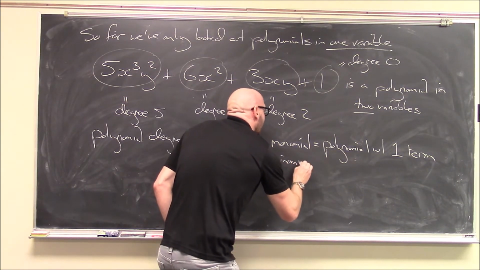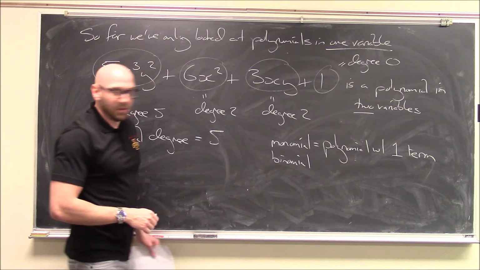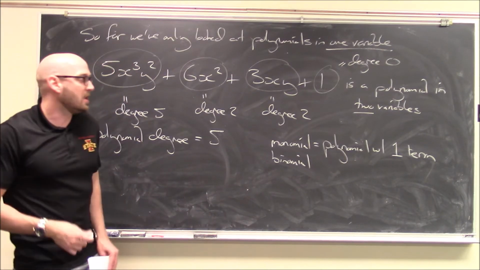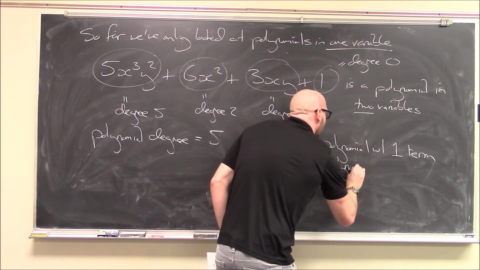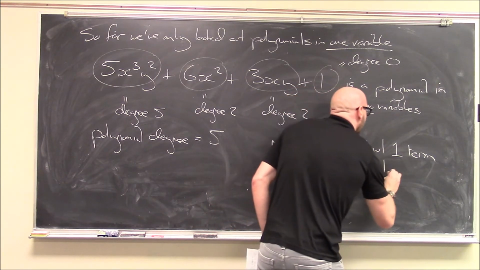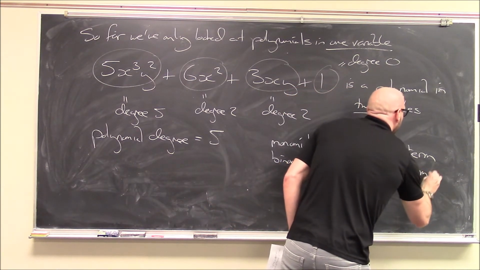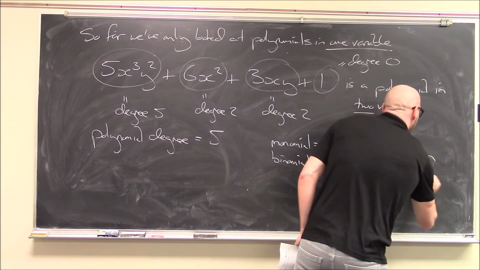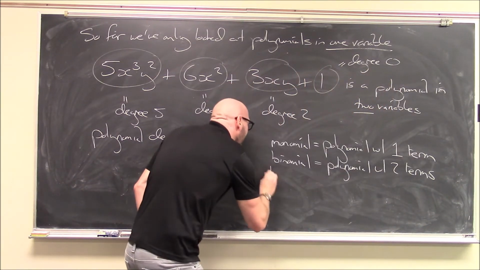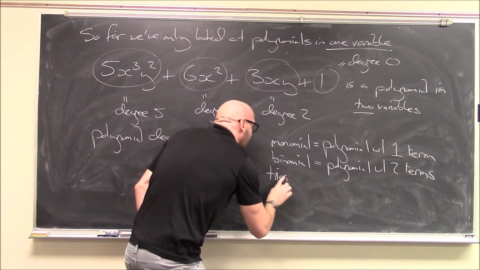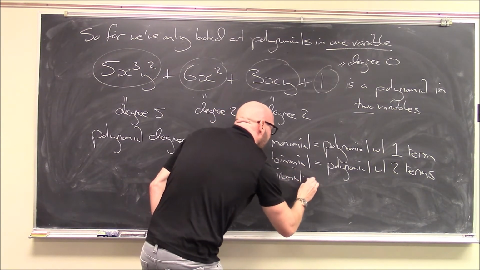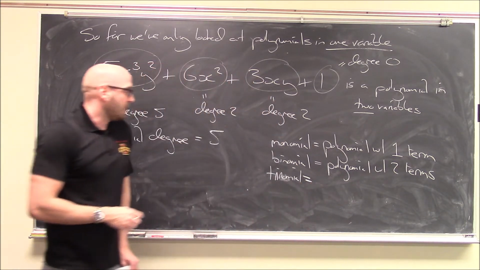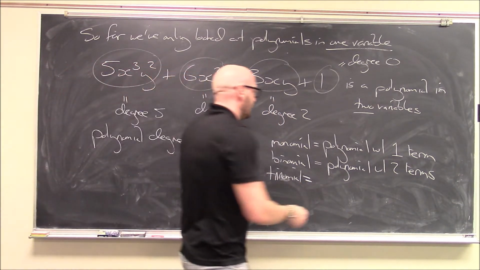And I mention this because we talk about binomials all the time. Binomials are extremely common types of polynomials. These are polynomials with exactly 2 terms. And fairly often these pop up as well, trinomials. Obviously you get the naming schemes here. A trinomial is a polynomial with 3 terms.